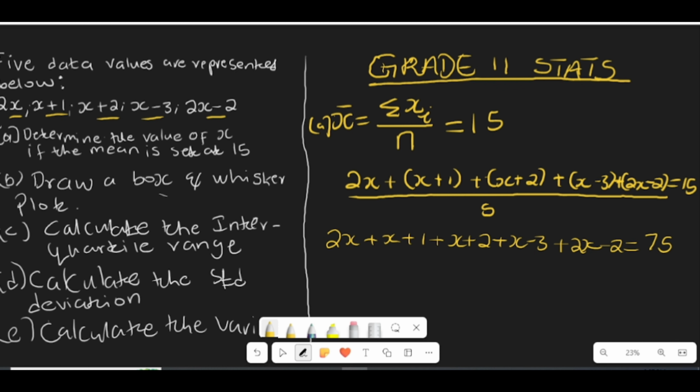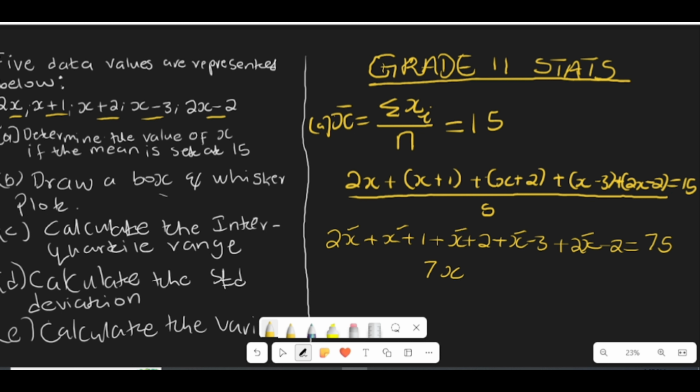Therefore, you're going to group the like terms. 2x plus x is 3x, plus another x is 4x, plus another x is 5x, then 6, 7. So there we're going to have 7x.